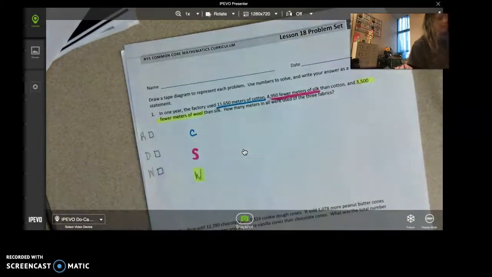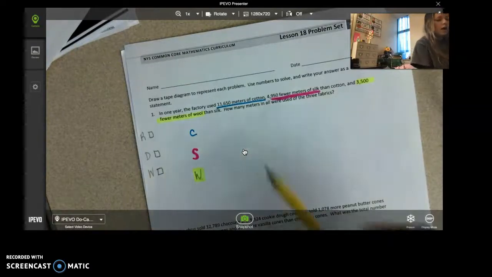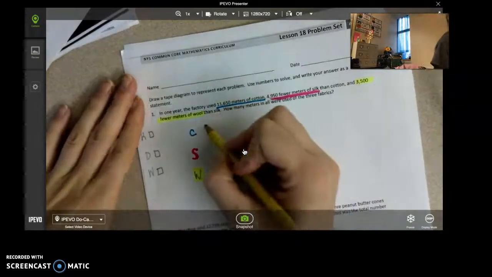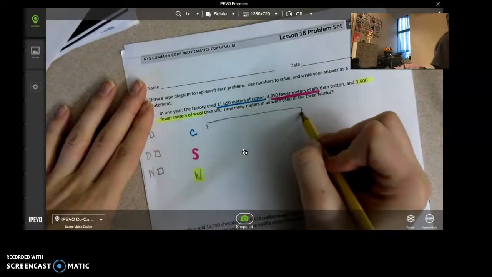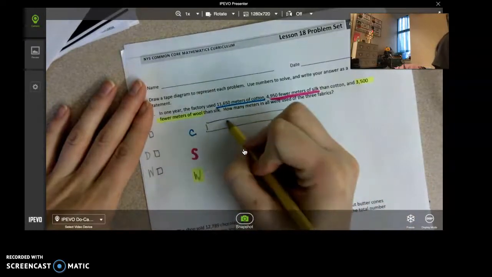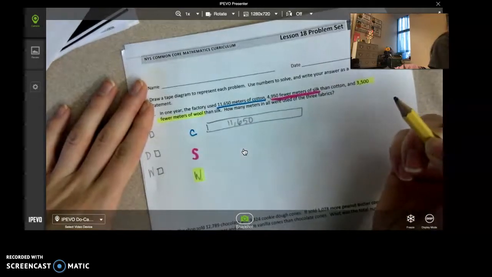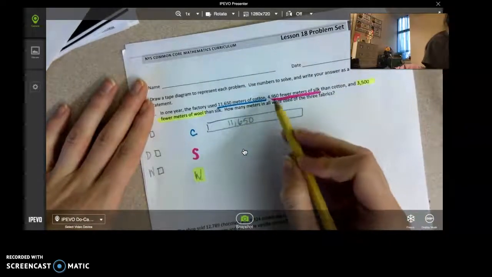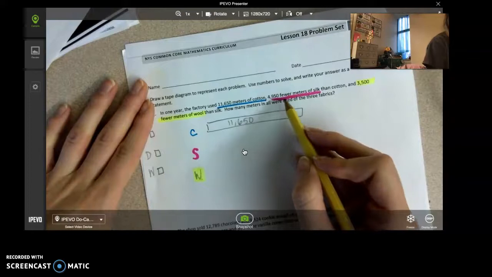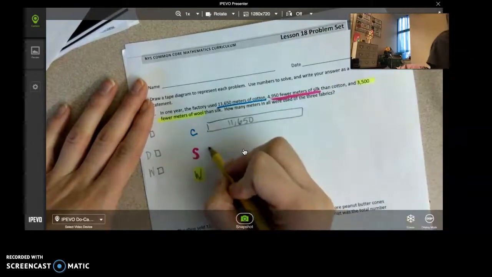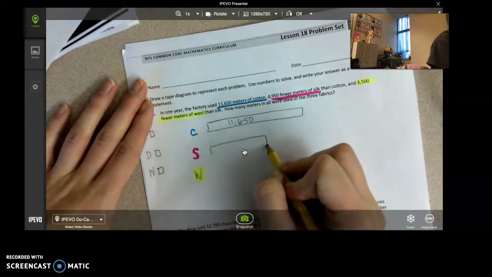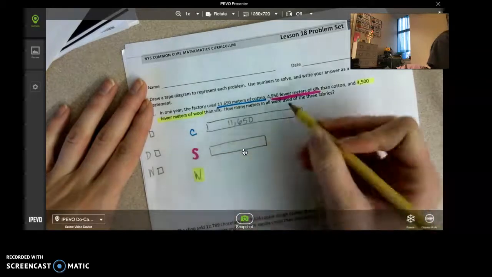Okay. I know that there are 11,650 meters of cotton. So I can write that right in there. I know that there are 4,950 fewer meters of silk than cotton, and so I know this is going to be smaller. I just am not sure what it's going to be yet.